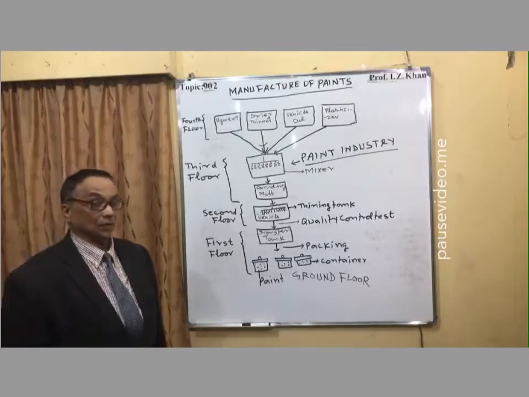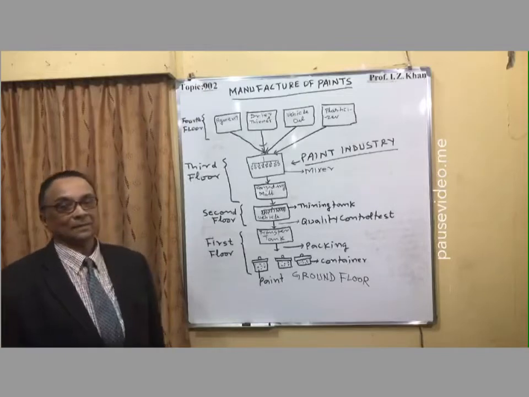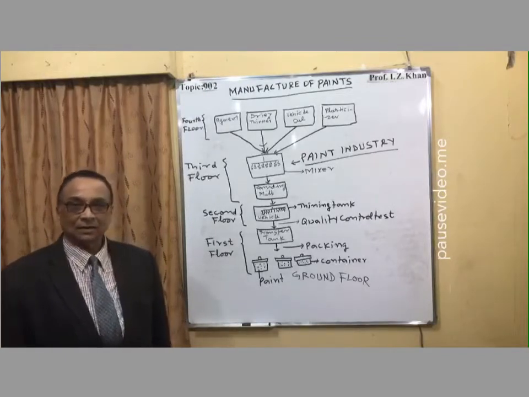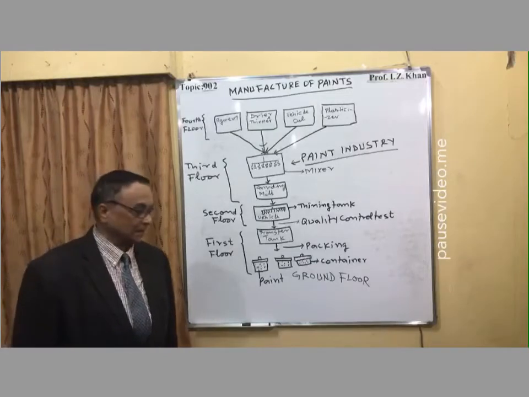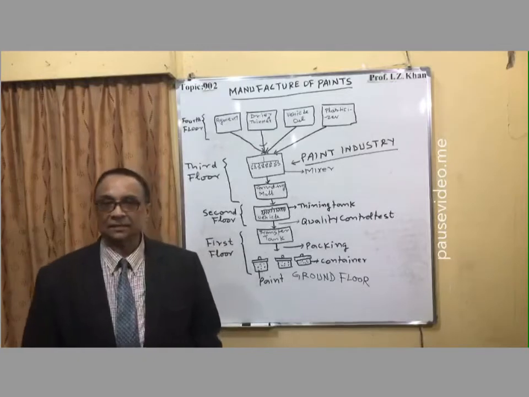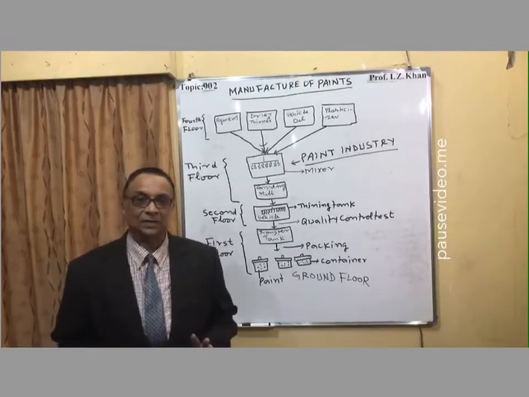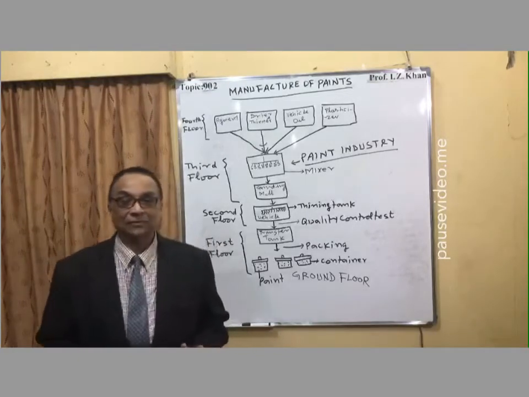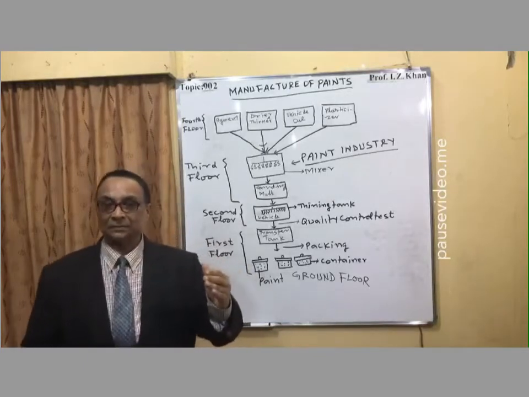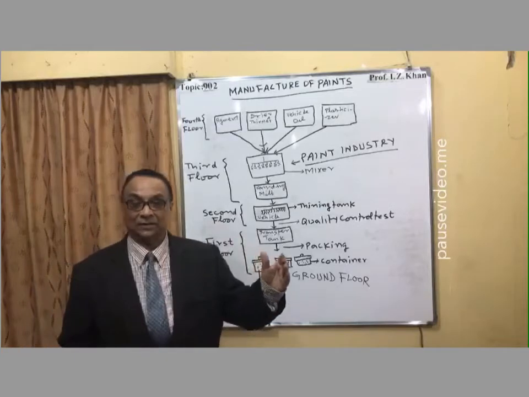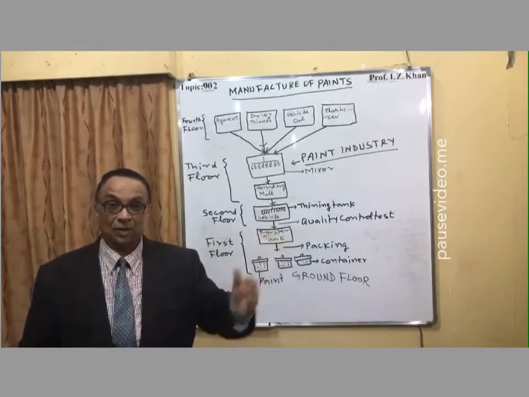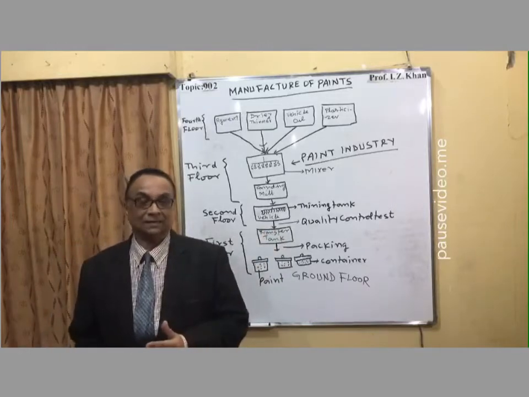And each floor should be very clearly marked with what type of work is going on, because if you do everything at one place in a paint industry, there is always an element of confusion, and you cannot find out whose mistake it is. So where a mistake has been committed, you can identify whether it was committed at floor 1 or floor 4 or floor 3 or floor 2.